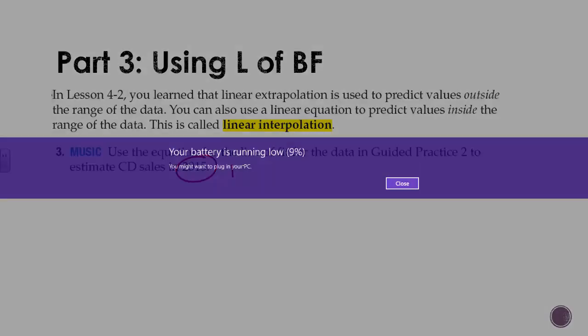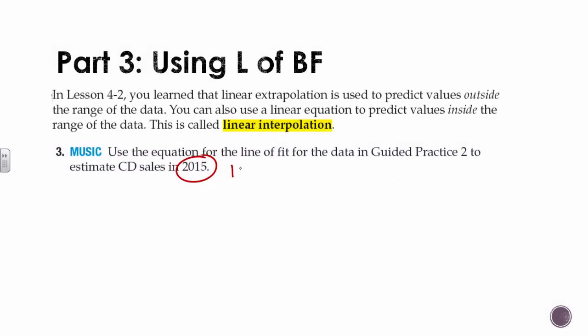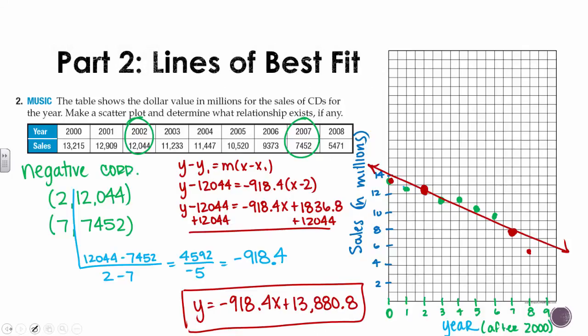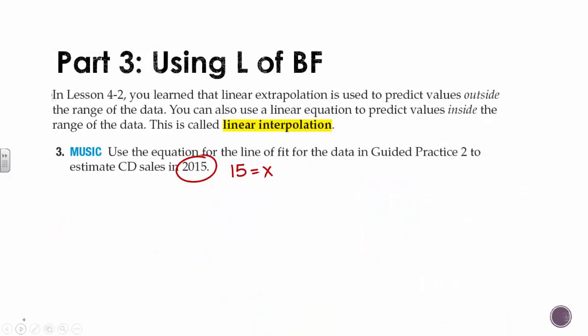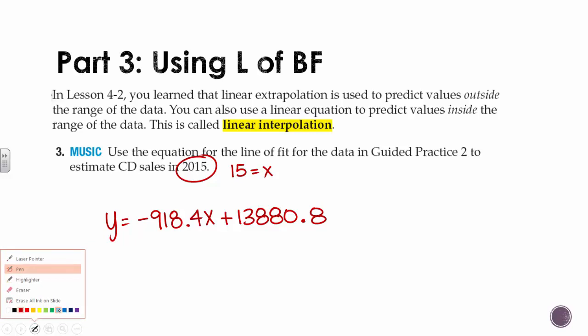Remember, this would be 15 years after 2000, so we're going to plug in 15 for x. So my equation is y equals negative 918.4x plus 13,880.8. And all we're going to do is plug in the 15 and see what we get out.